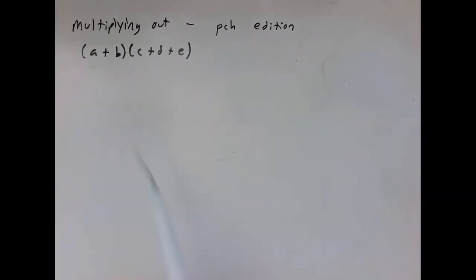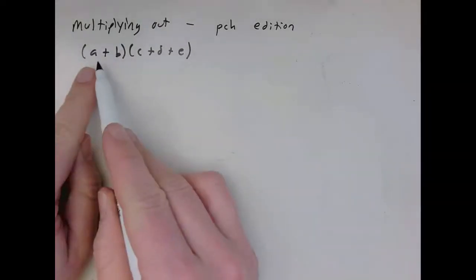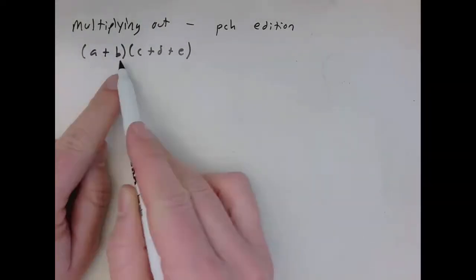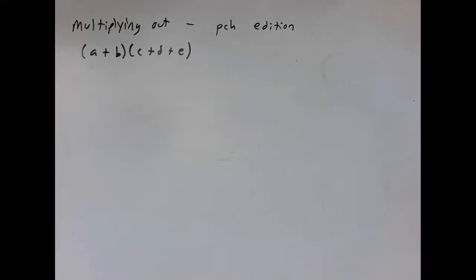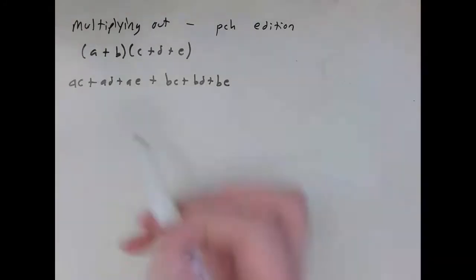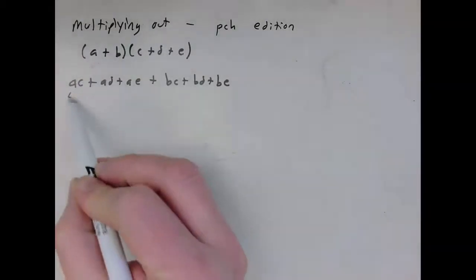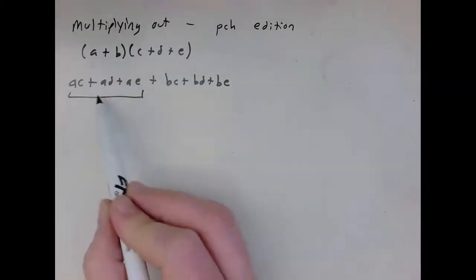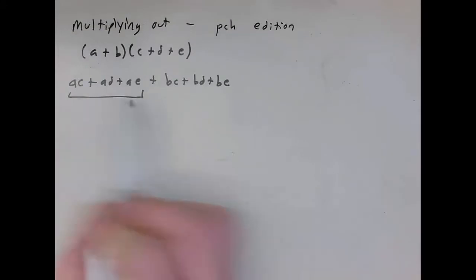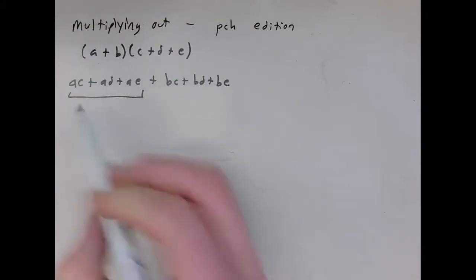So I'd said that you could multiply this out by multiplying a by all these things, and then by multiplying b by all these things, which looks like this. But you might notice that when I said verbally a times all these things, it produced this. And another way of saying that, and another way of writing that, would be factoring the a out.